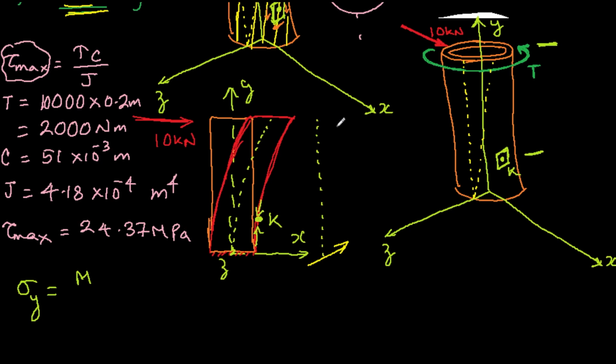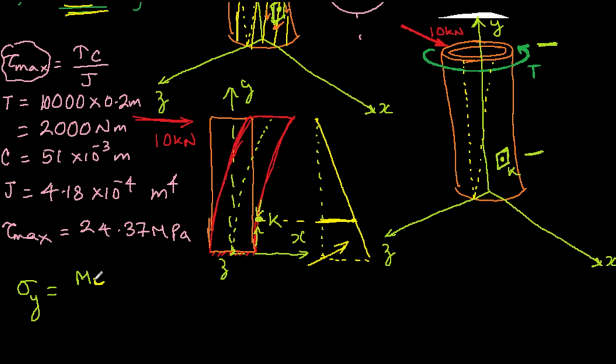You will see that the bending moment will be 0 here and it will go to a maximum here. So we are looking at the bending moment at this point, and that will be nothing but the force 10 kilonewton times this distance 150 mm.